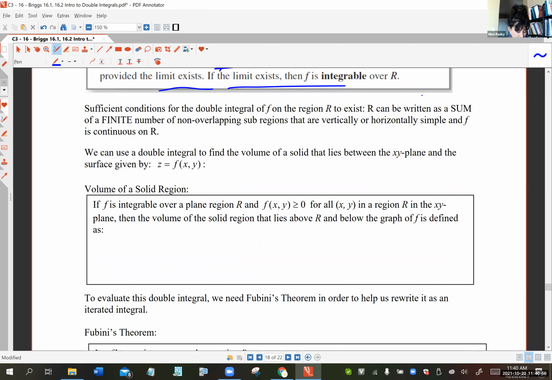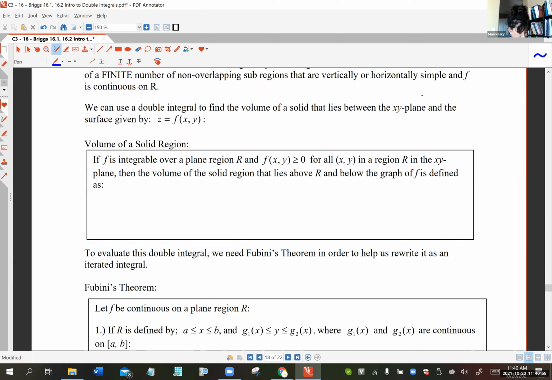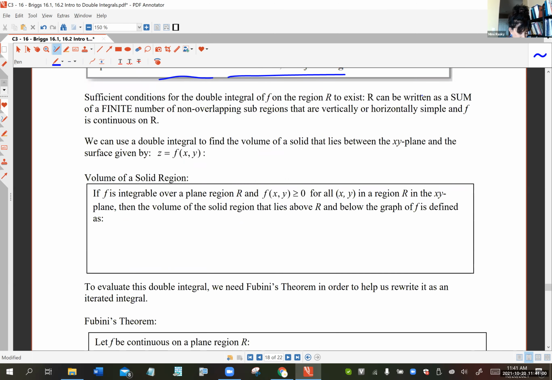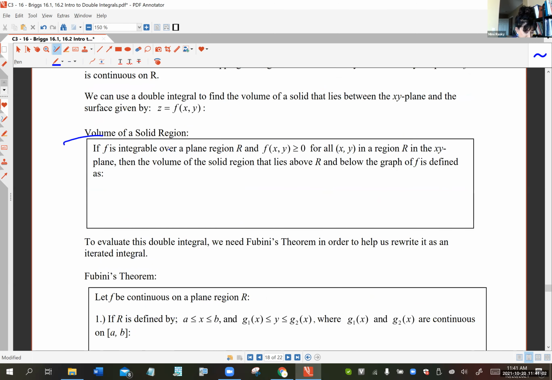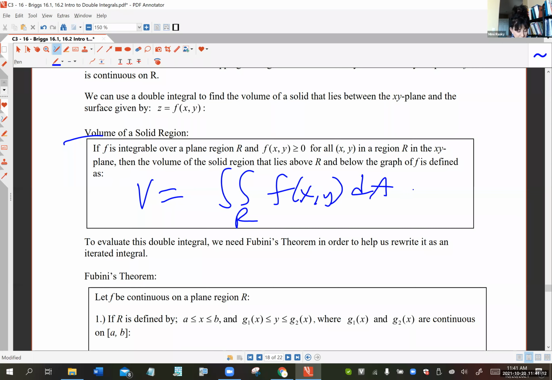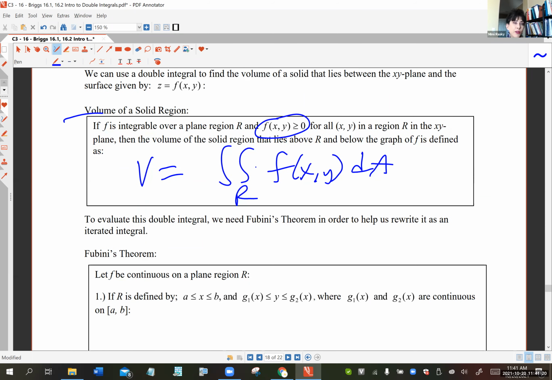Now, ratcheting up that definition to basically describe a volume. So the volume is just going to be the double integral over the region, f of x y dA. Now, you are limited when you're finding volumes to keeping your capping surface above the region. Otherwise, you'll end up getting negative answers.